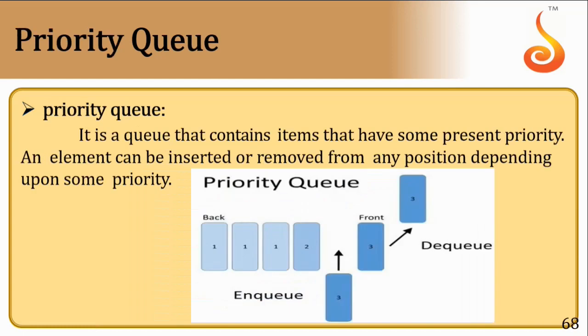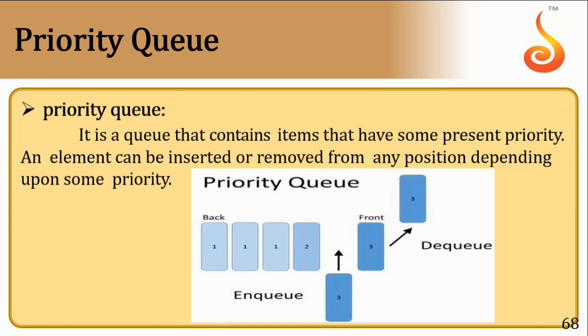The next is a priority queue. What do you mean by a priority queue? A priority queue is an extension of queue with the following properties. Every item has a priority associated with it.